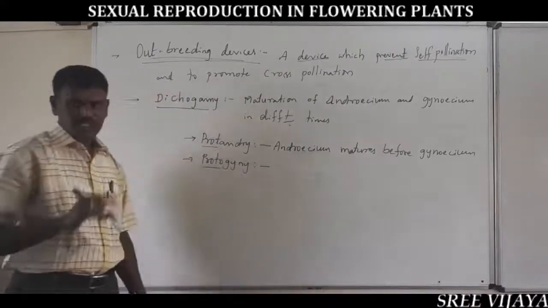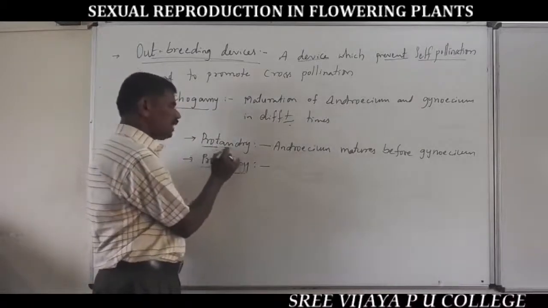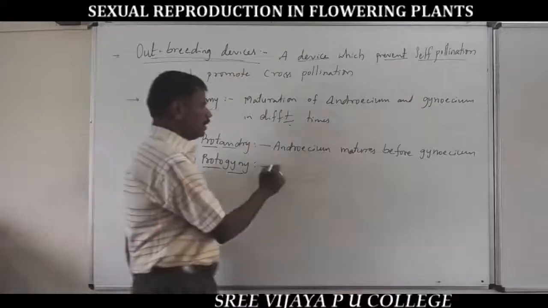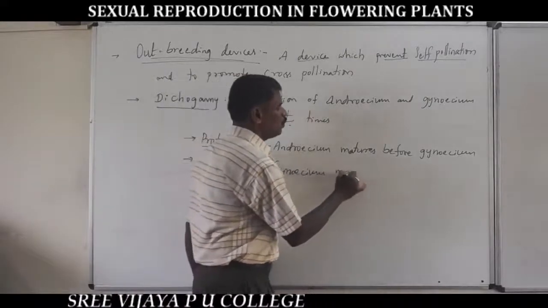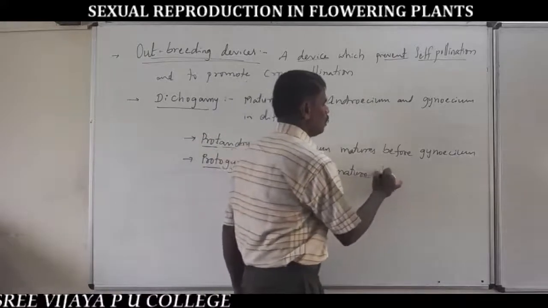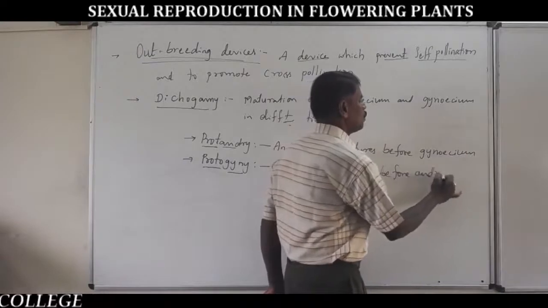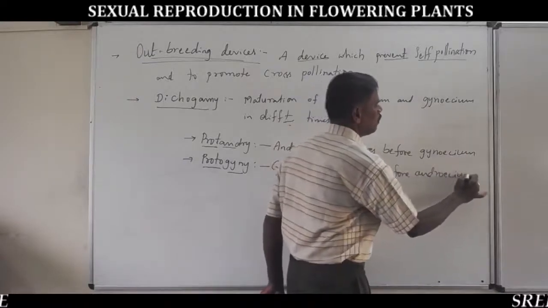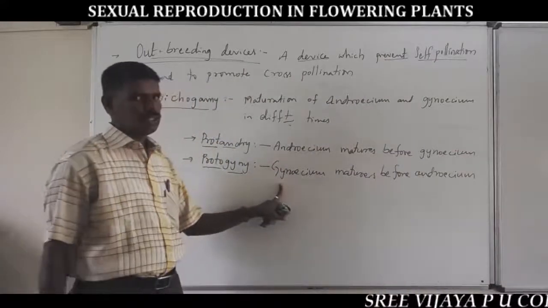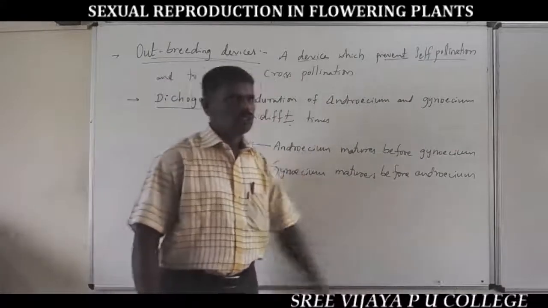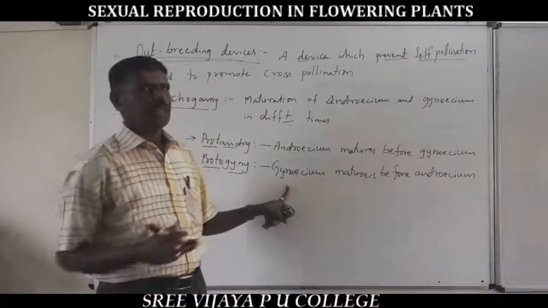Another one is protogyny. Proto means first, so here the gynoecium matures before the androecium. The gynoecium is matured first, but the androecium is not, so it requires pollen grains of another flower.